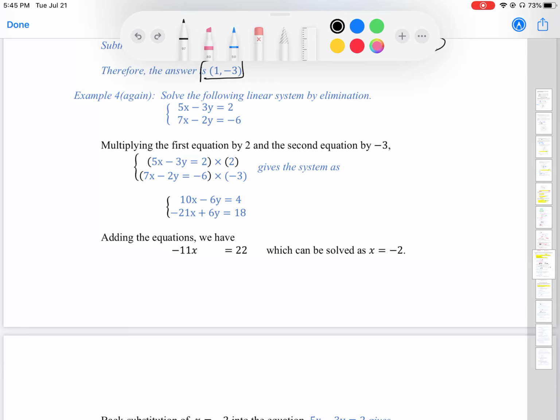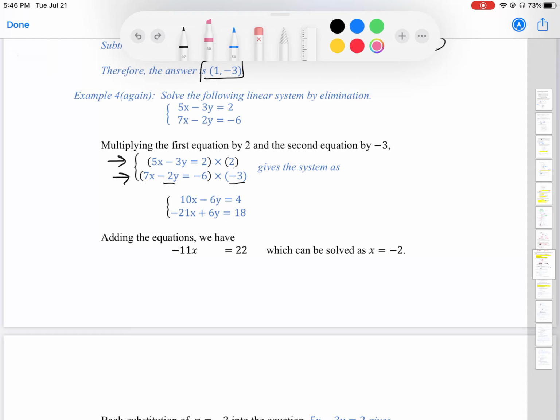If I multiply the first one by a 2, we'll get a negative 6. If we multiply the second equation by a negative 3, that'll give me a positive 6. So I have forced a positive and a negative for my y's. It seems like we did y's both times. You could choose to be x or y, whichever one catches your eye.